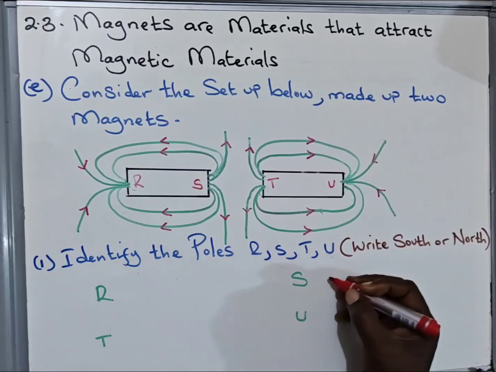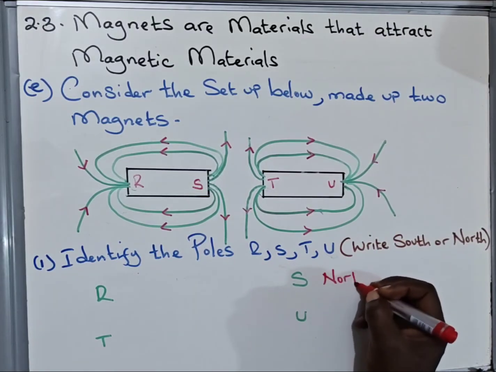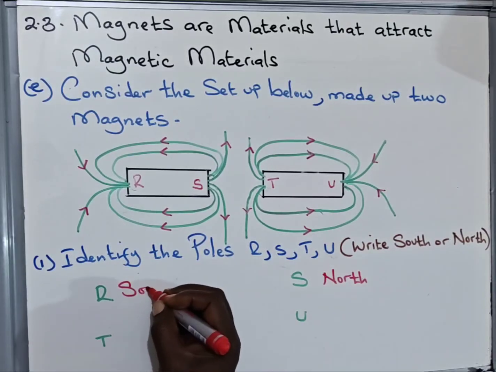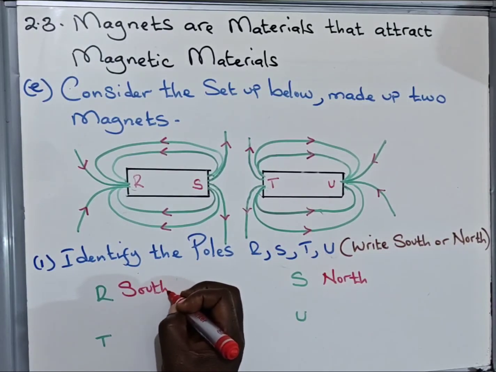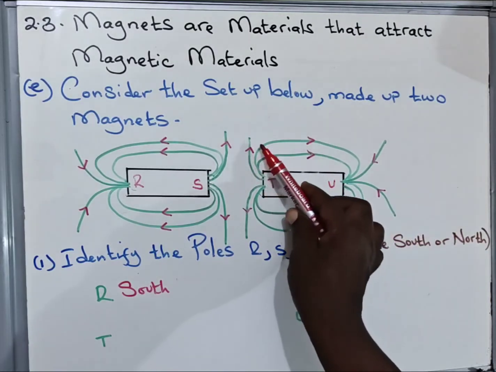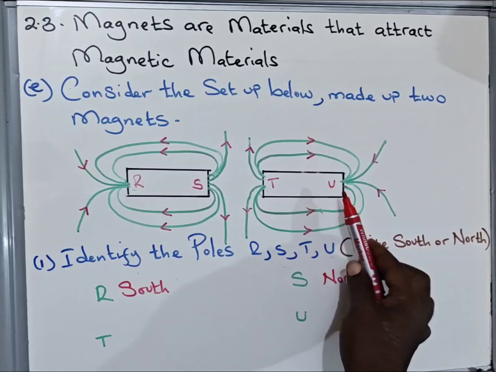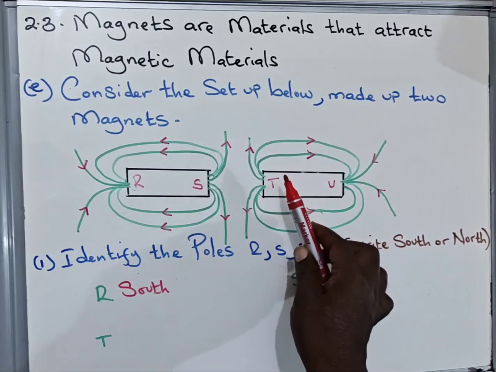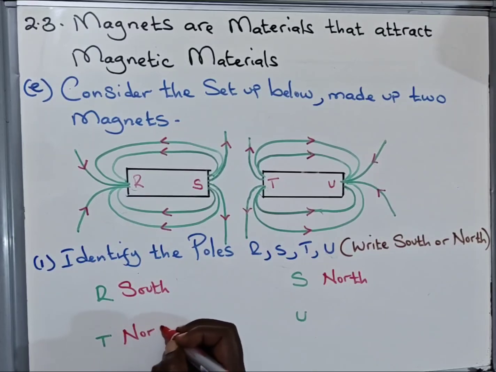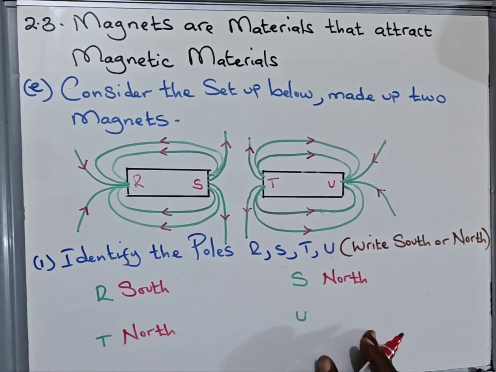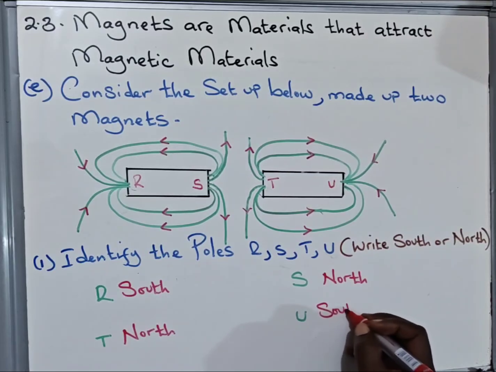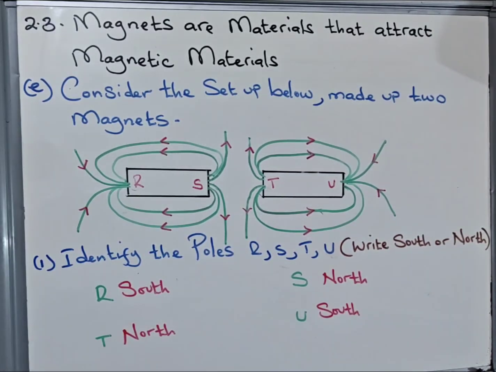So S is north, and it's entering R, so R is south. Then we come to this one. It comes from T to U. So T, remember it comes from north, so T is north. And U, where it's entering, is south.